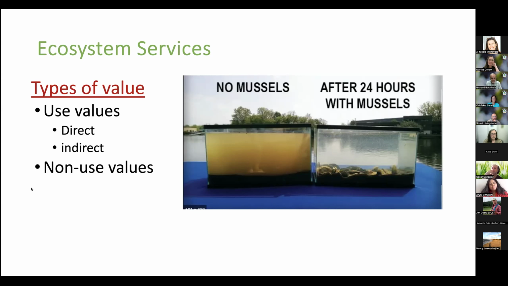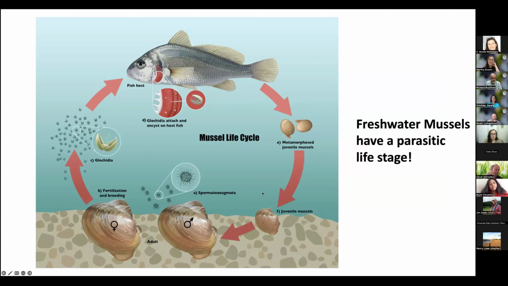And then I surprise students by letting them know that freshwater mussels are in fact parasites. They have a parasitic stage, a required parasitic stage to their life cycle, right? Freshwater mussels reproduce by attracting fish to strike at the lure on a mussel, and then all these little glochidia, all these little baby mussels grab on to the gills of the fish, and that's a required stage, and the fish actually transport them elsewhere.